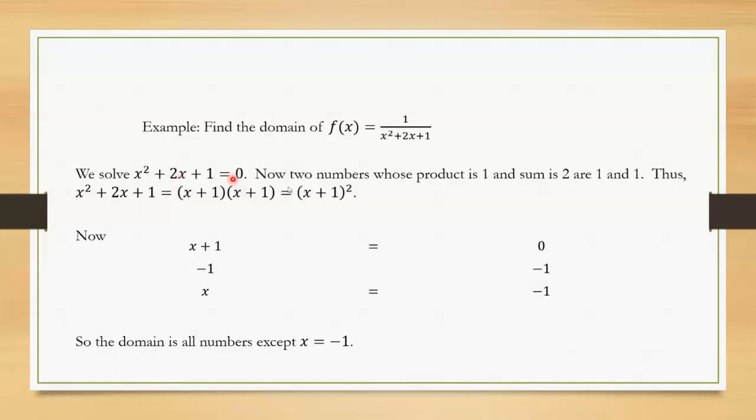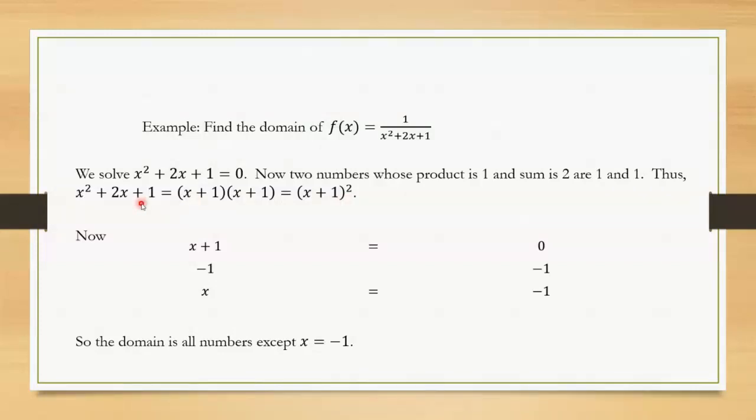What 2 numbers do that? Well, what if they're both equal to 1? 1 times 1 is 1, and 1 plus 1 is 2. So from here, we get this. And hence, what we get is x plus 1 squared.